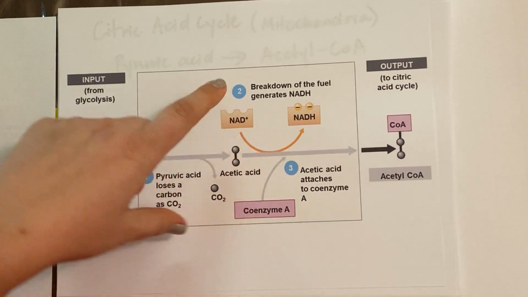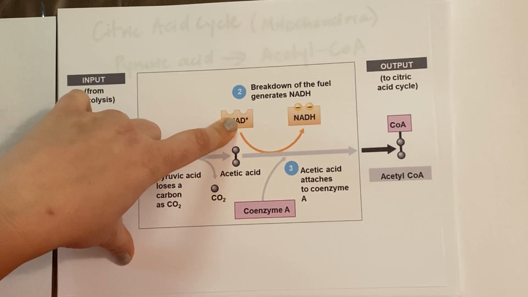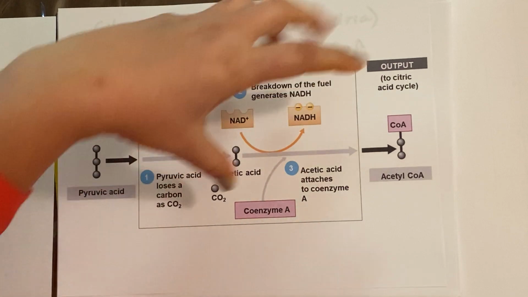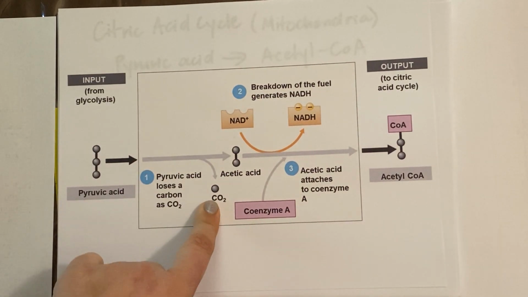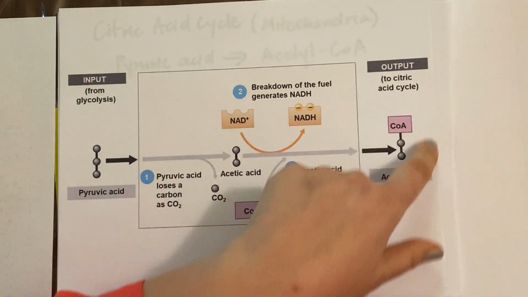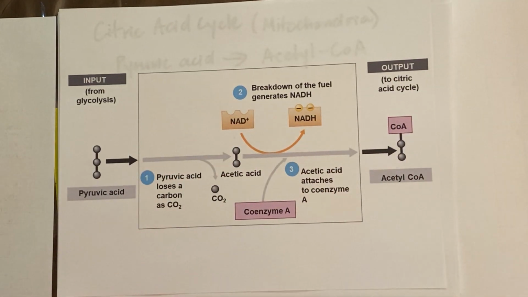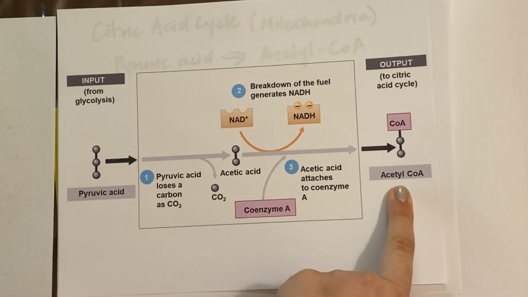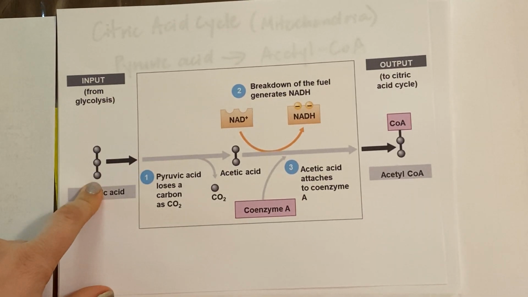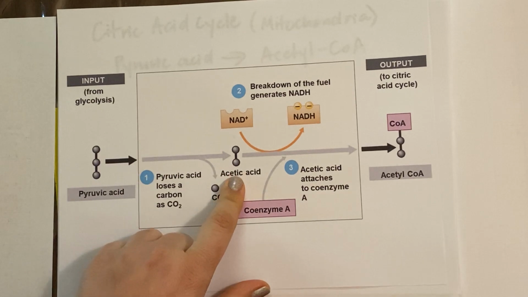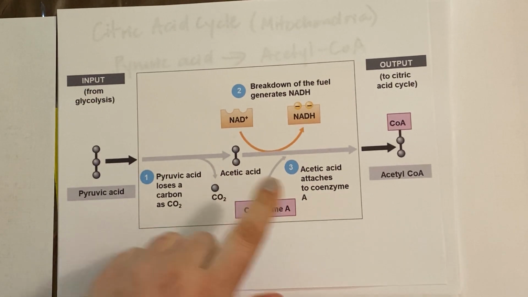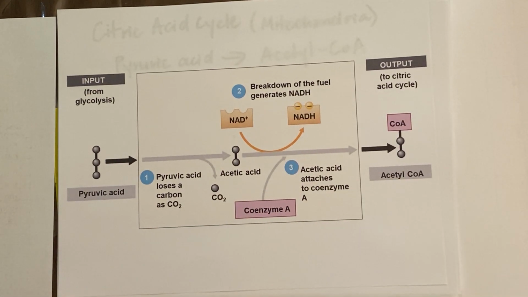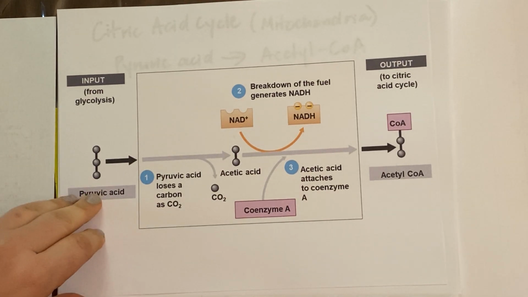During this process, NAD plus takes some of those electrons, because again, we have the CO2 that has been given off. At the end of this whole process, we have acetyl-CoA. This is the only thing that can go into the citric acid cycle. Pyruvic acid cannot go in by itself. Acetic acid also cannot go in by itself. It can only go into the next step through acetyl-CoA.